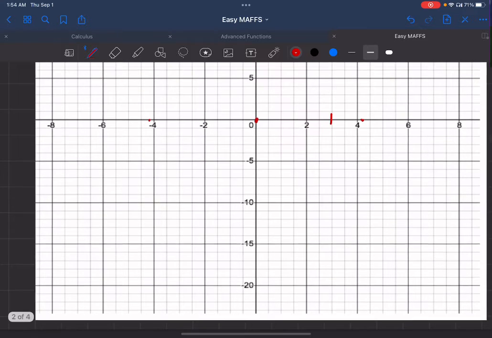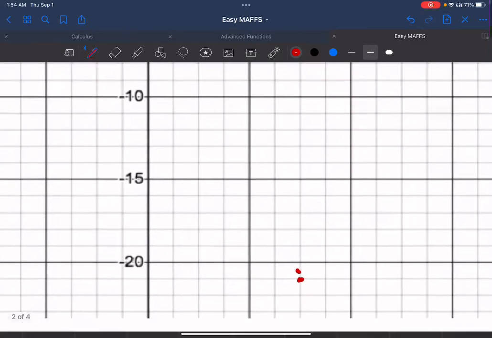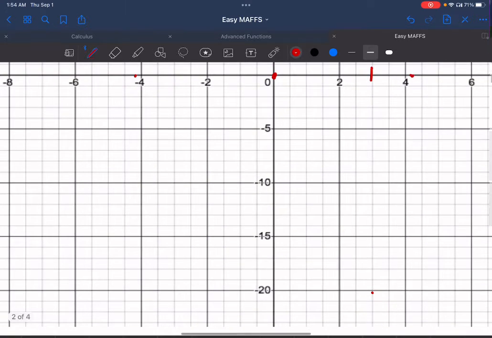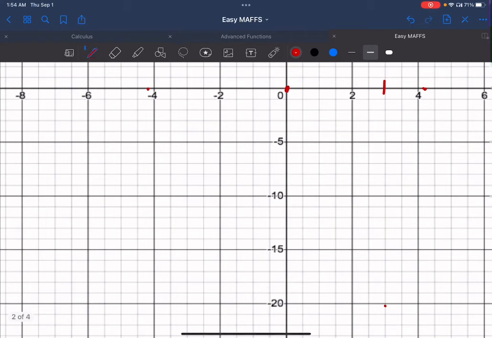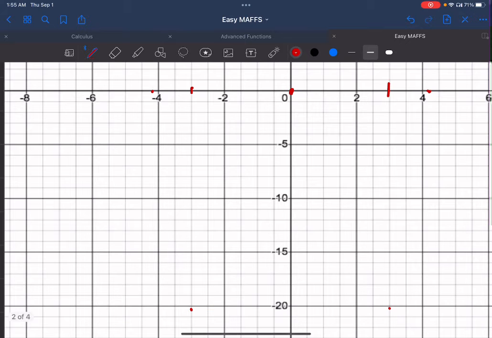And negative 20 is here, negative 21 is here, negative 20.5 is there, and negative 20.25 is right around there. And negative 3, and negative 20.25. So just copy what we did on the other side. So right around there. All right.